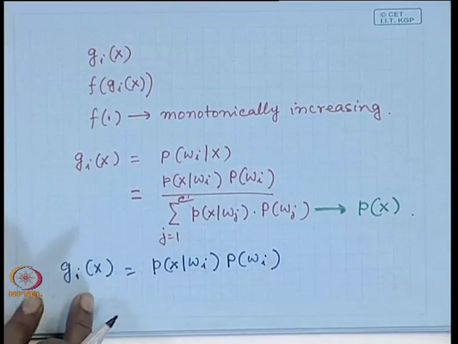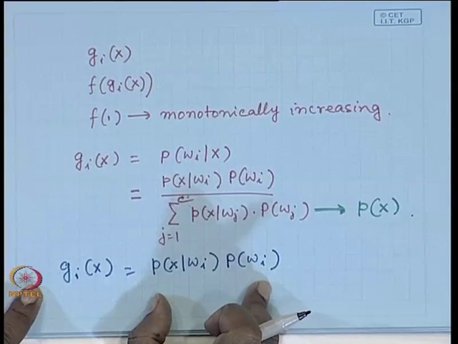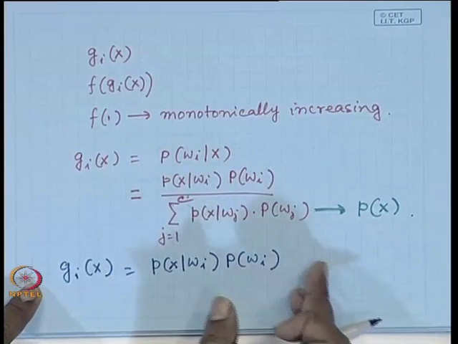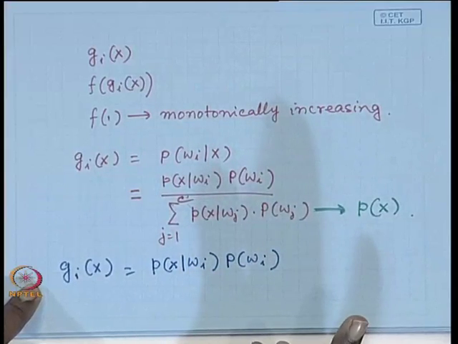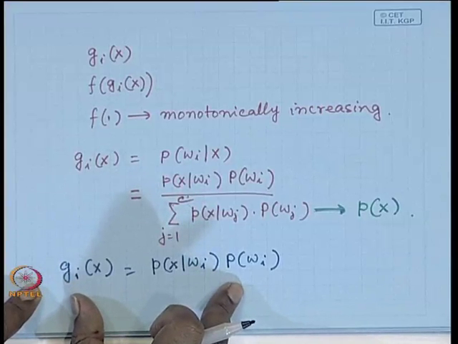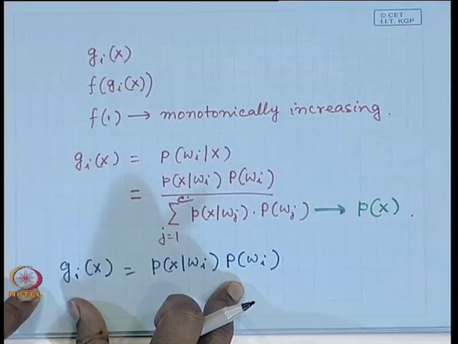Now, find that when I define g_i(x) like this, there is a product term, and whenever I have a product, it is more difficult to implement as well as analyze than if I have a summation. We know that the logarithmic function is also a monotonically increasing function.